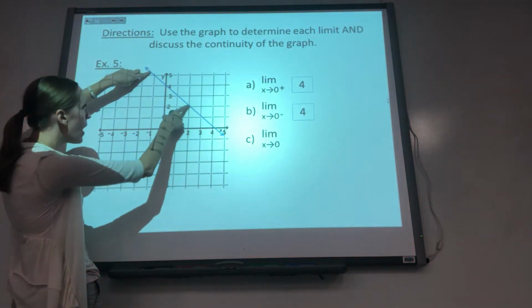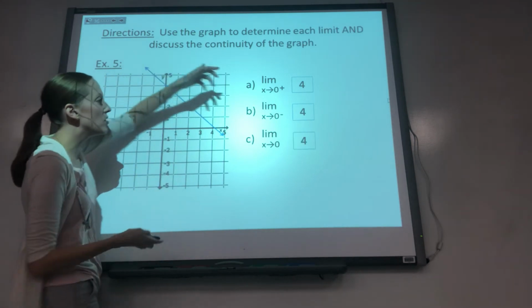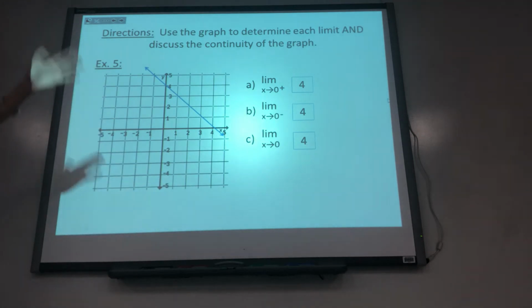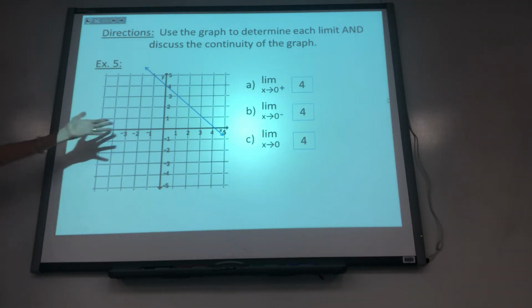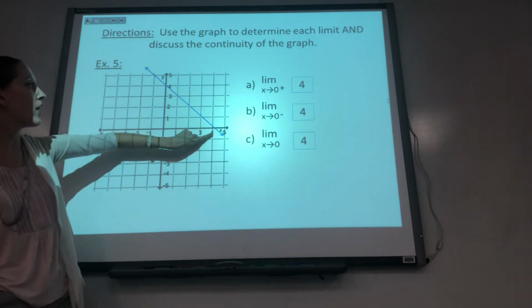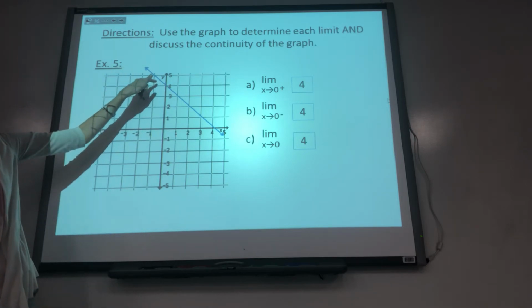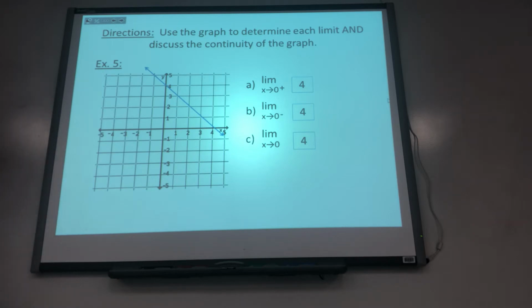I'm still approaching the y value of 4. So it's not always going to be all the same. It just is on this graph. But again, if the limit from the right equals the limit from the left, then part C, the limit from both sides, would still have to be that number.